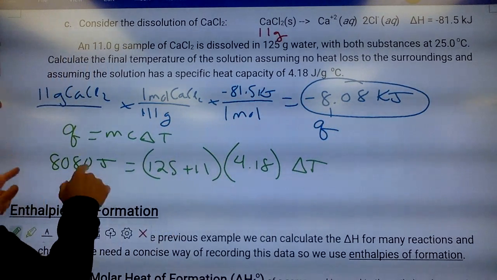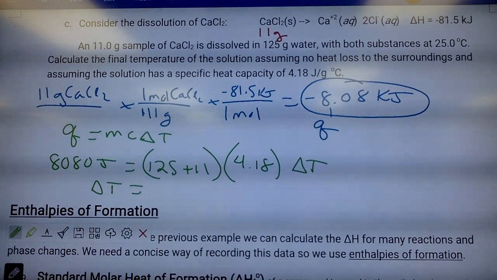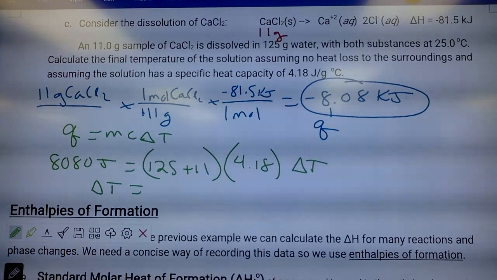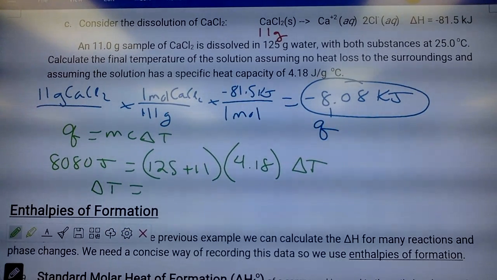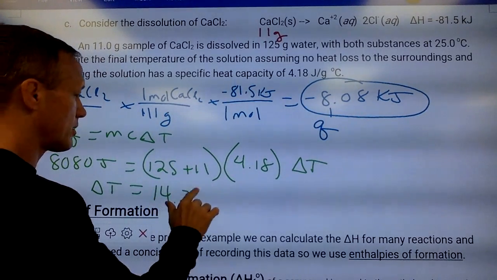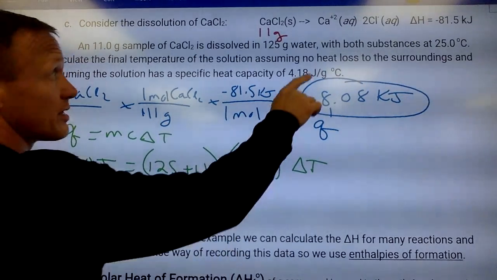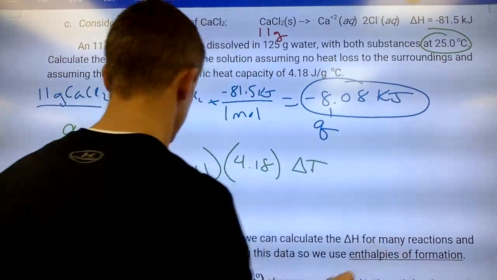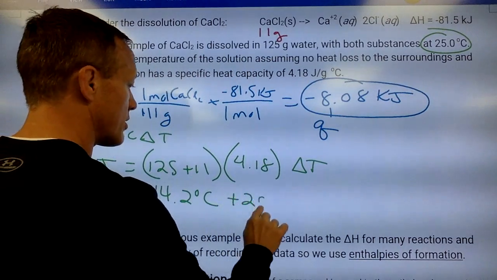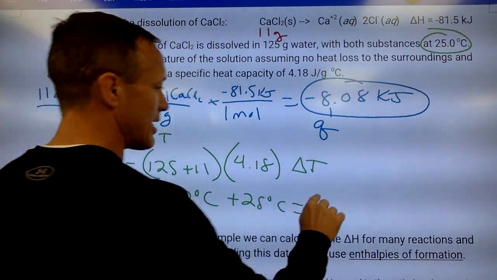So multiply those, divide them over, and I get a change in temperature of about 14.2 degrees Celsius. That is the change in temperature of our solution. Well, it was at 25 degrees Celsius, so add those on, and we end up with 39.2.